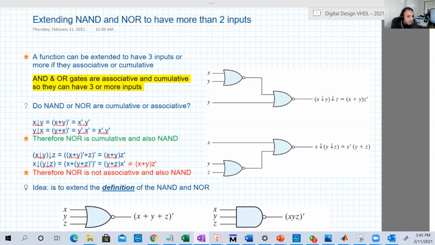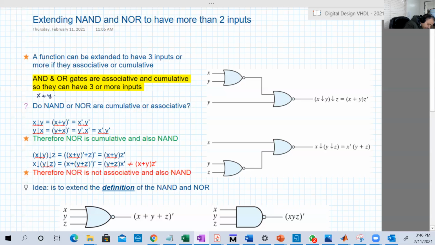The reason is that for any logic gate to be able to have more than two inputs, it should satisfy two basic properties: the commutative and the associative properties.